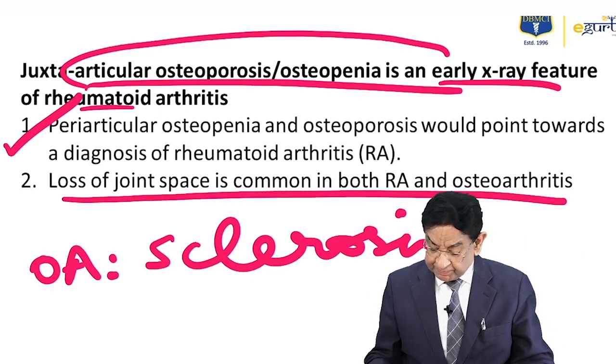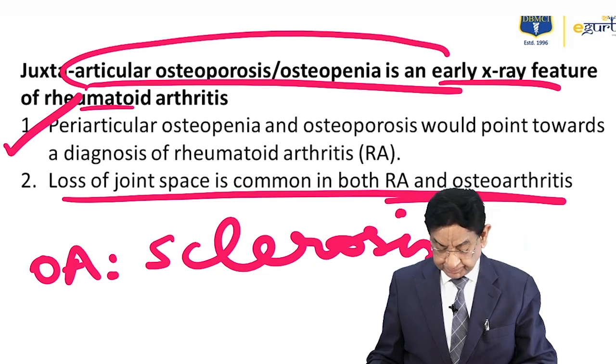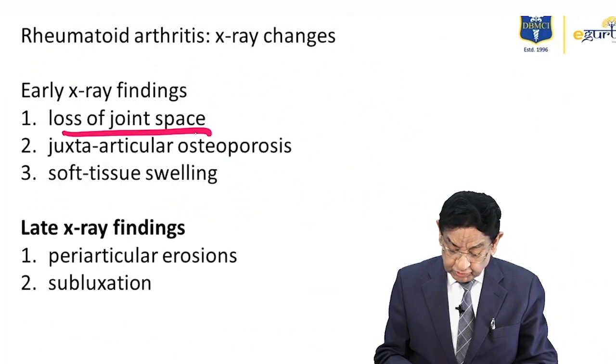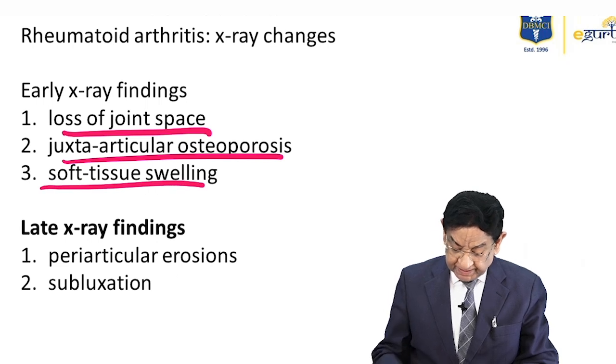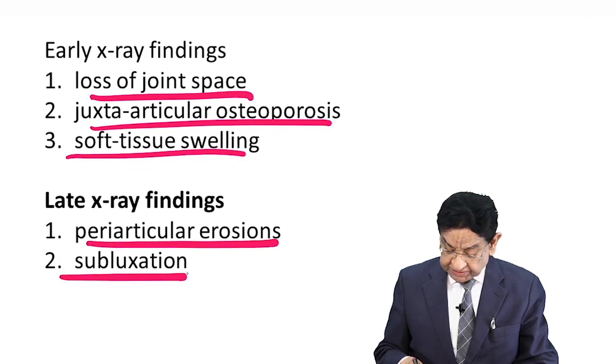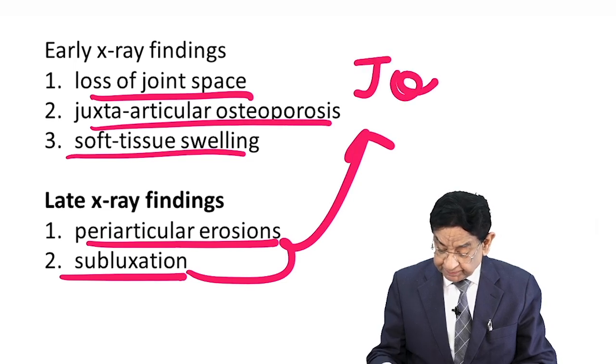Loss of joint space is seen in both RA and osteoarthrosis. It's a common feature. Okay, so loss of joint space, juxta-articular osteoporosis, soft tissue swelling, and ultimately, in the advanced stages, you get periarticular erosion and subluxation. Due to this, it leads to joint deformity.